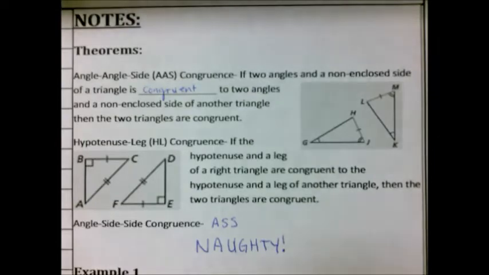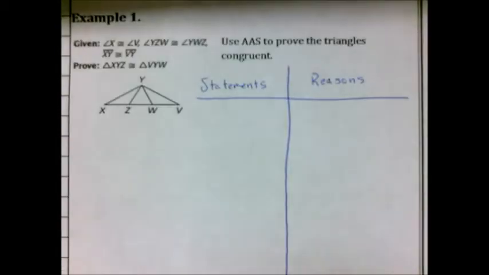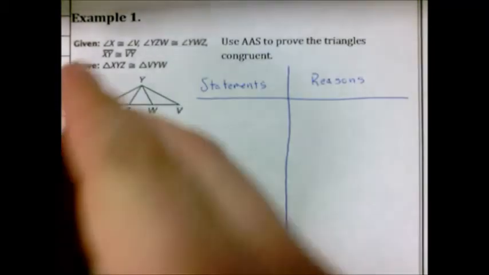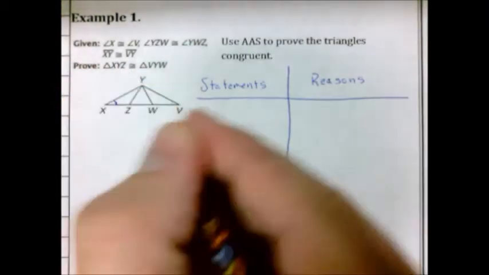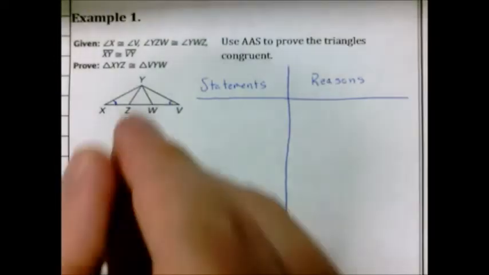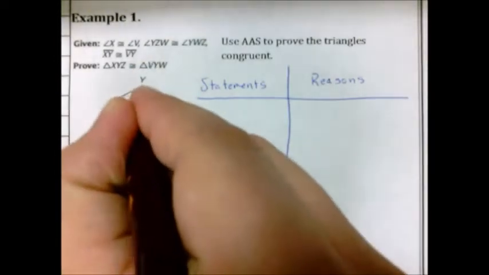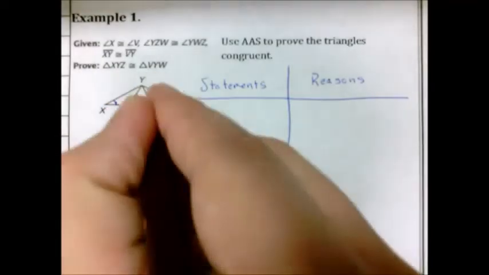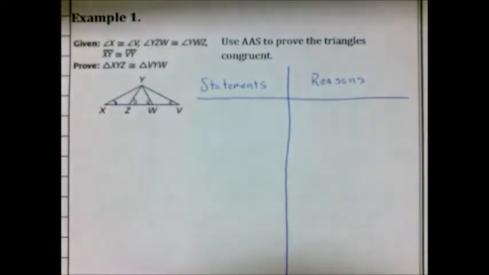All right, let's do example 1. Example 1 says that we are given 3 pieces of information. We're given that angle X right here is congruent to angle V, so these are congruent. We're given that angle YZW, that's this angle right here, is congruent to angle YWZ, this opposite side.